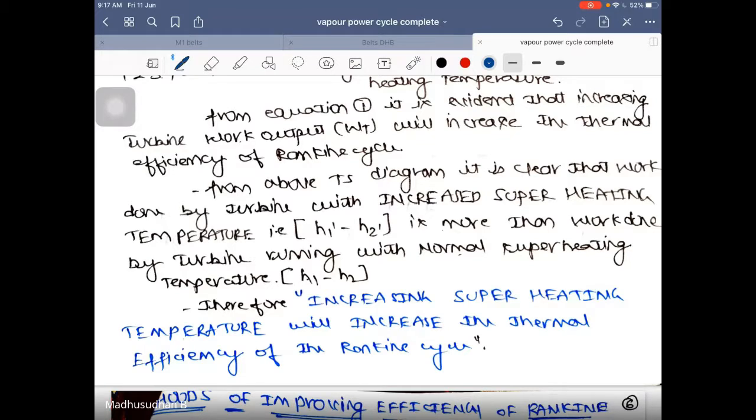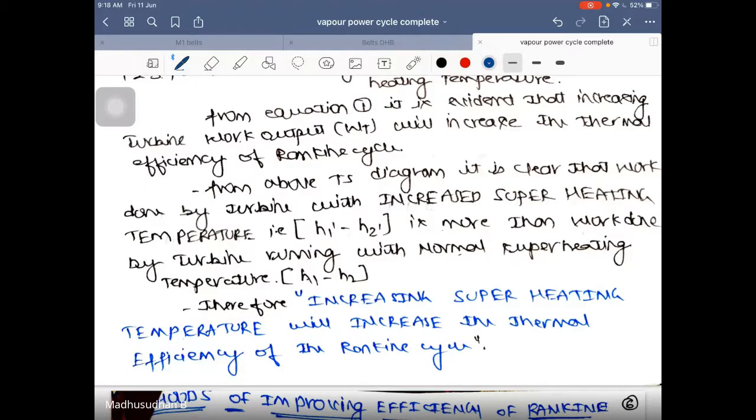So let us have a quick revision now. What happens when I increase the boiler pressure? You have to tell me with regard to the thermal efficiency of the cycle. Thermal efficiency increases or decreases? Increases. Everyone should answer this.